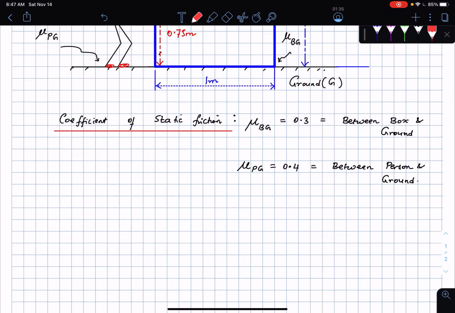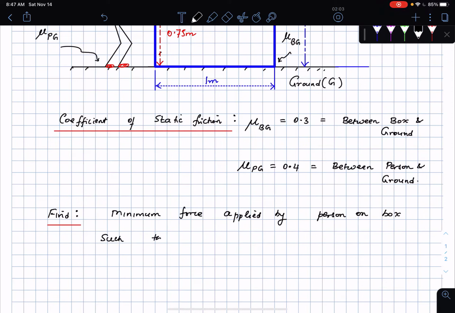Find the minimum force applied by the person on the box such that motion impends. This is what we need to find.